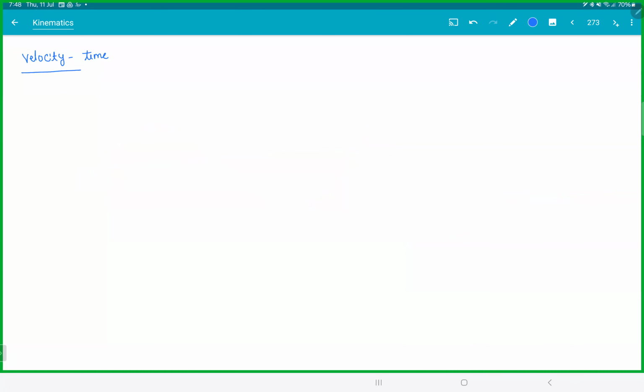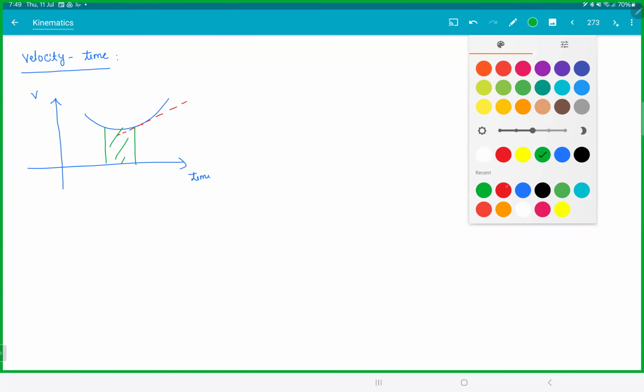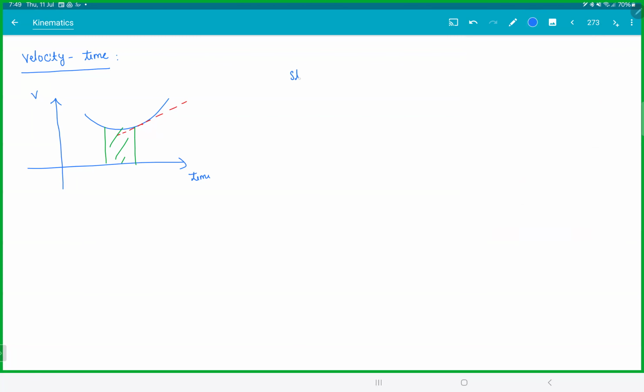Velocity time graph. Now, this is another important graph because this is one graph where both the slope and area have a meaning. So in a VT graph, the slope is given by dv by dt.